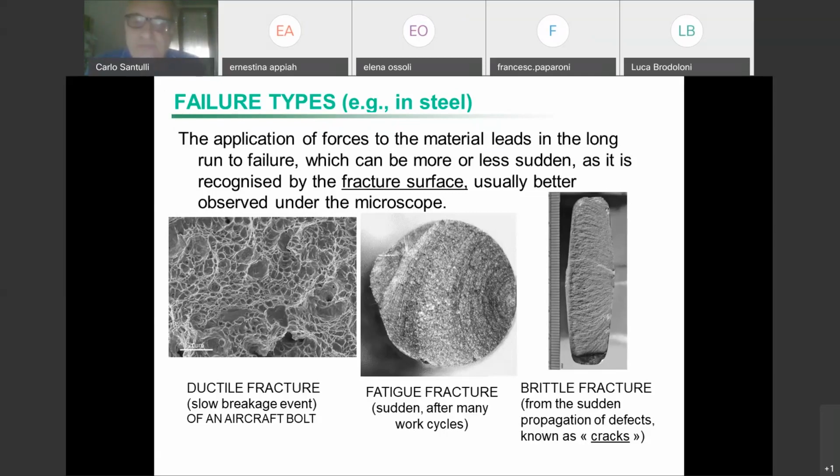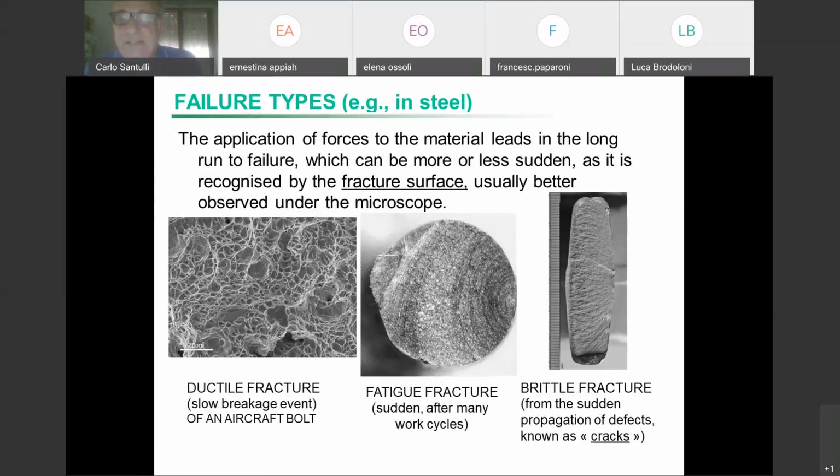This was very difficult to understand at the beginning, because until the beginning of the 20th century we didn't know much about fatigue. We did suppose one thing which wasn't always true: that if we load a material below the elastic limit, then we are safe. This is not always true.